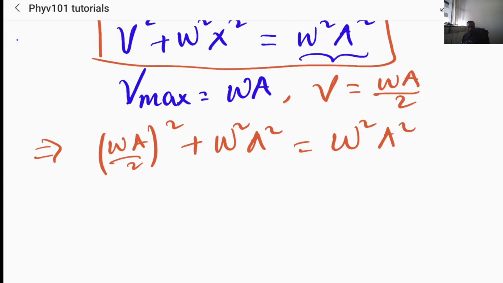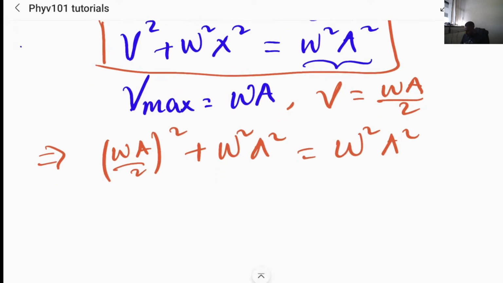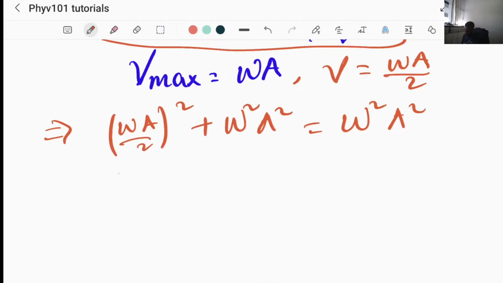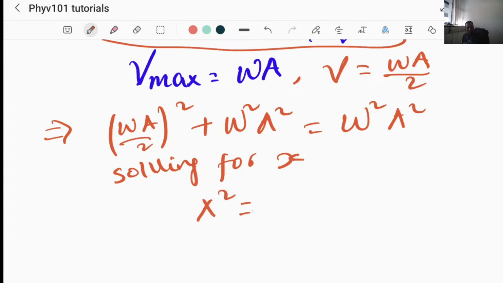Therefore, you could solve for x. That's what we're looking for: at what position? If you solve for x, you will see x squared is equal to 3 over 4 A squared. A is given, you are given that A is equal to 3 centimeter.